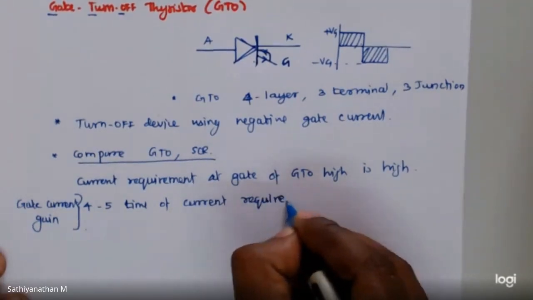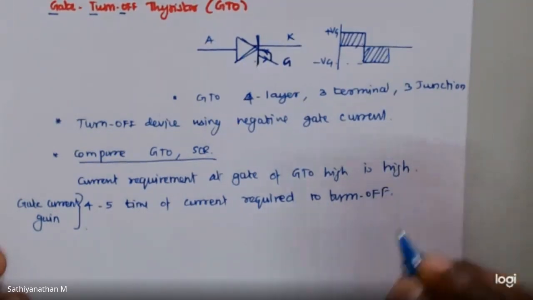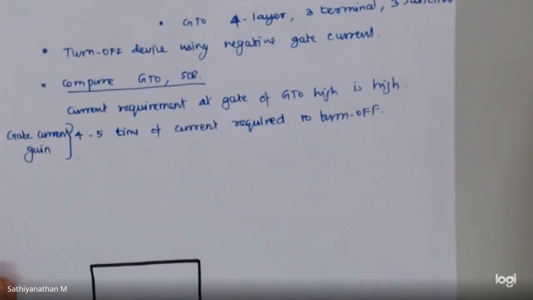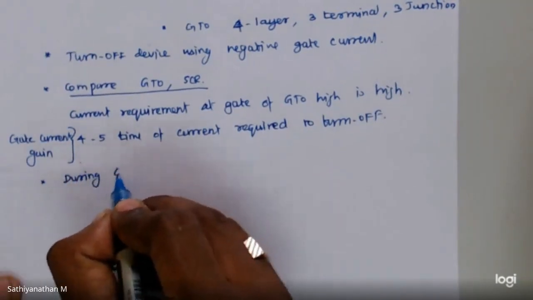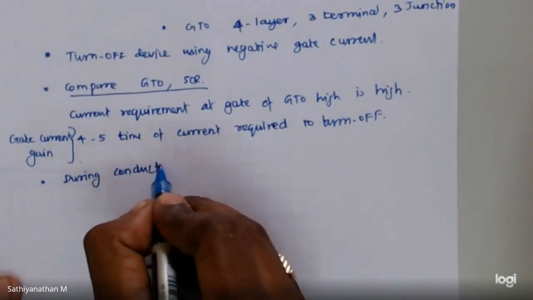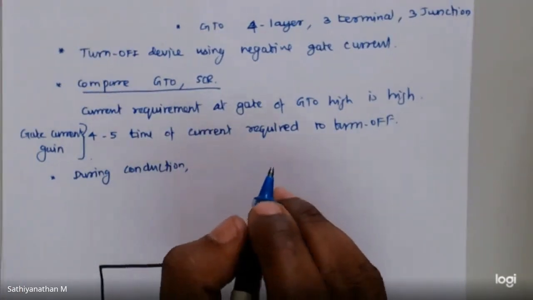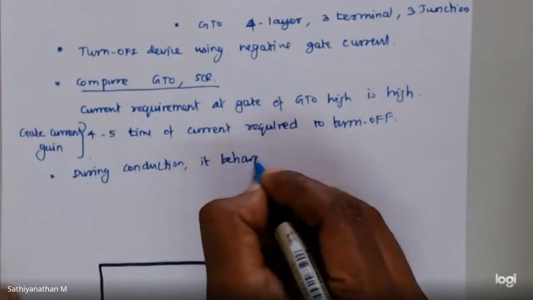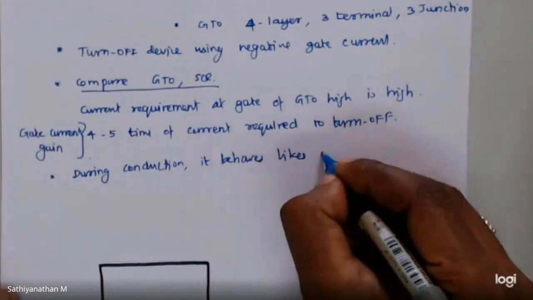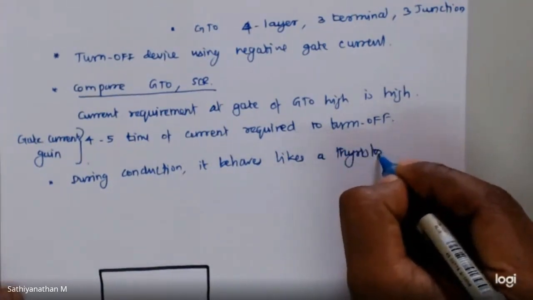So this gate is required to turn off the device. During conduction, it behaves normally, like an SCR or thyristor.